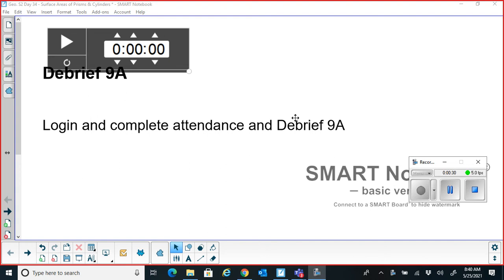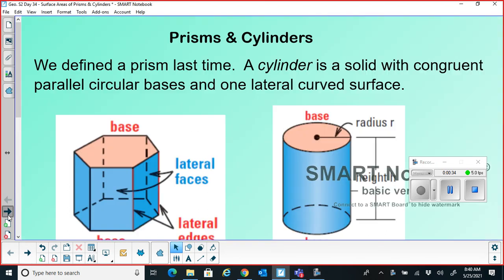Okay, let's see the first one. Let's go to the next slide. Prisms and cylinders. We defined prism last time. A prism is made up of two bases, which can be any polygons, and all the lateral faces have to be parallelograms, whereas the bases can be any polygon.